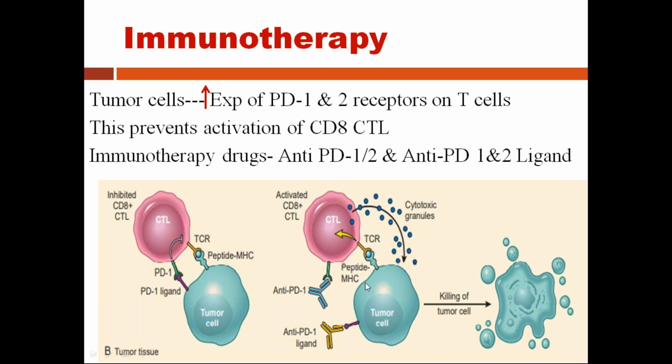By doing so, the TCR receptor along with the CD28 receptor gets activated, so that it can send signals to the cytoplasm for the release of cytotoxic granules which can kill the tumor cell. So this is the recent one, which is included in the recent edition.